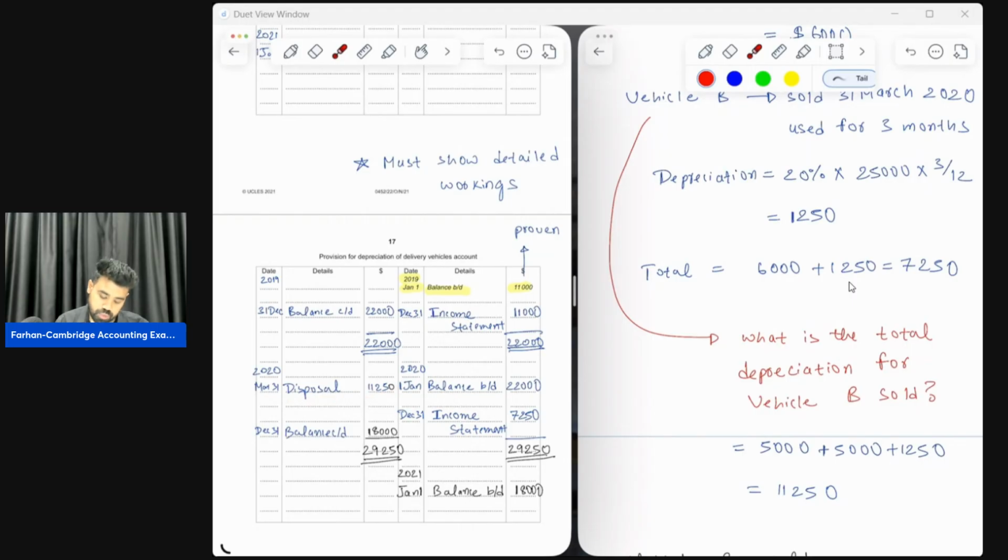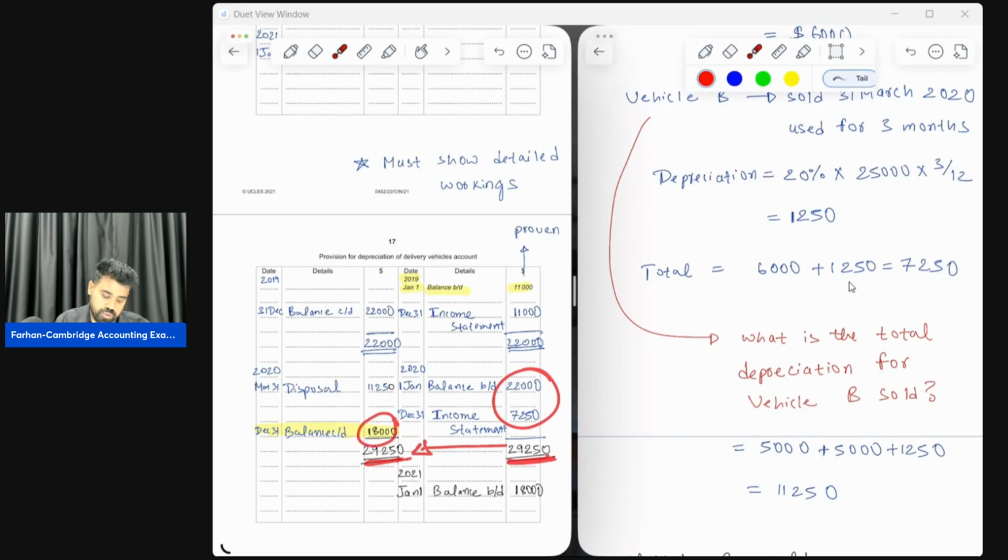All right. Now, we want to find the net total. So obviously we understand that on the credit side for the year 2020, we have a total of 29,250, which must be the same on the debit side. And for us to achieve that, we need to bring a closing balance of $18,000, right?